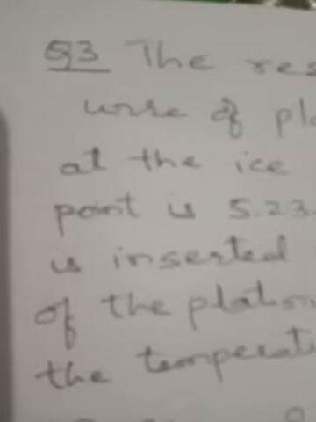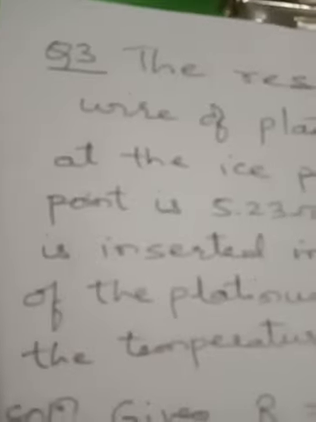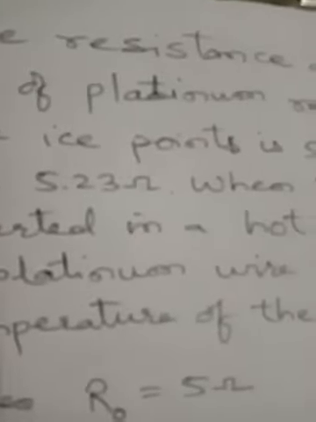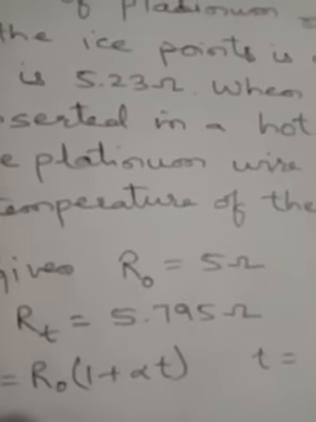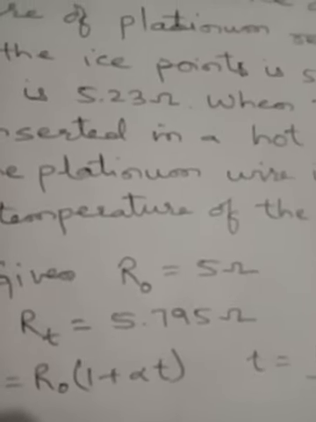When the thermometer is inserted in a hot bath, the resistance of the platinum wire is 5.795 ohm. Calculate the temperature of the bath. We have to calculate the temperature here. Now here in this particular problem, what is given here? R0 is given to you first. What is R0?